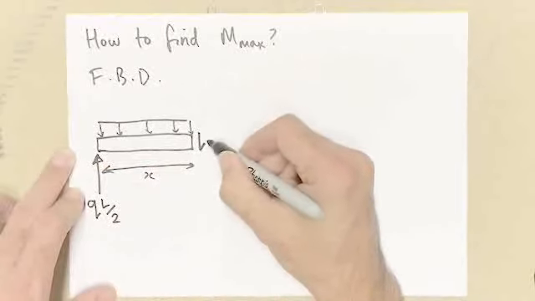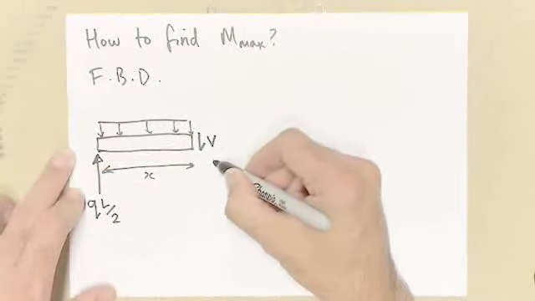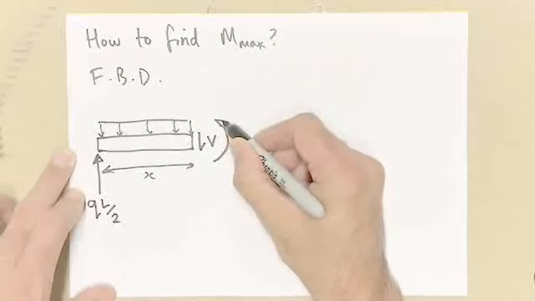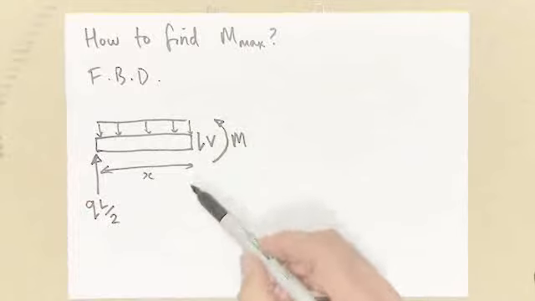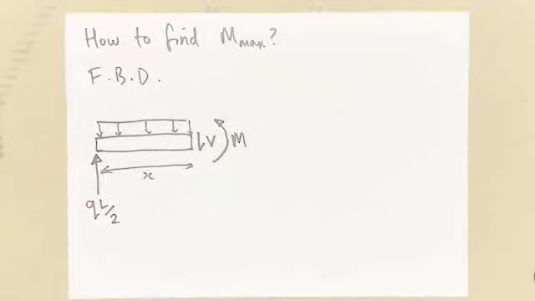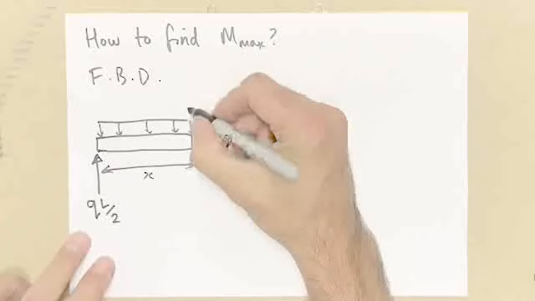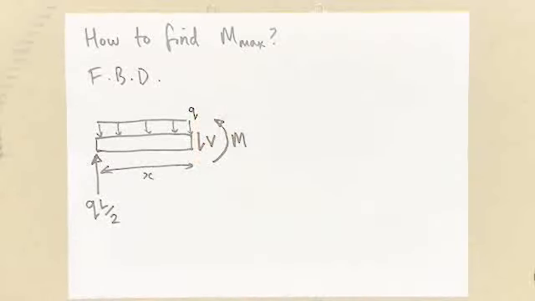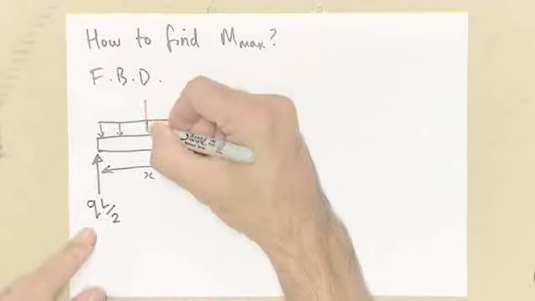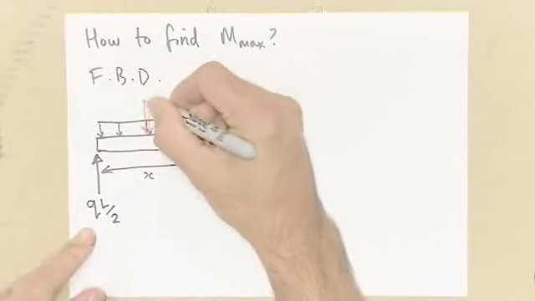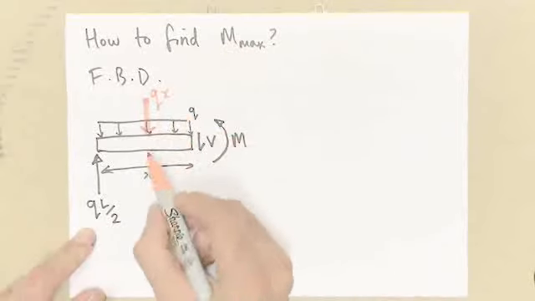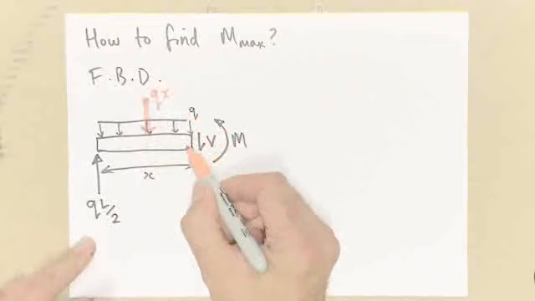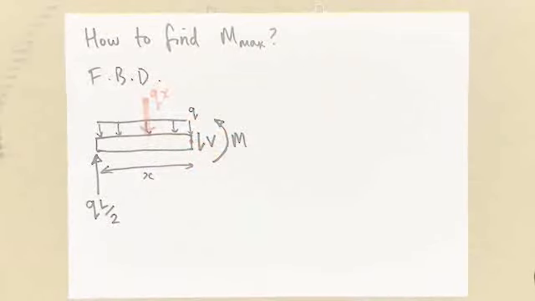We've taken a cut, so there's a shear force inside this beam, V. This is my definition of positive shear force downwards, and this is a load Q, and that has a net force downwards of Qx, which acts at a distance x/2 from the edge of the beam.